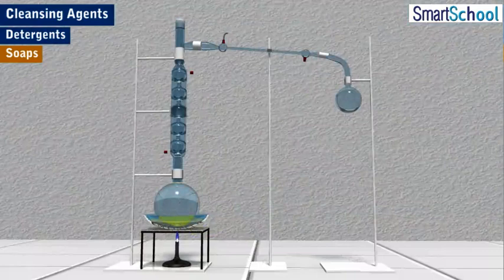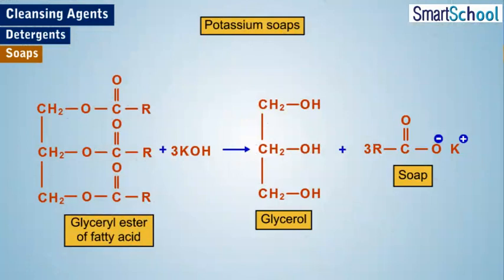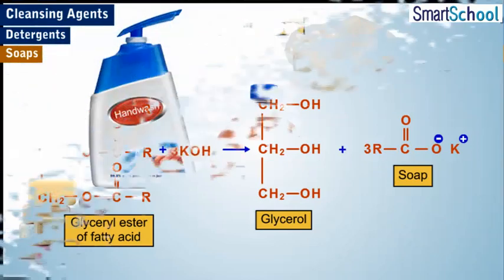Glycerol from the solution is recovered by fractional distillation. Potassium soaps, produced by the saponification of fats with potassium hydroxide, are usually softer and more soluble than sodium soaps.